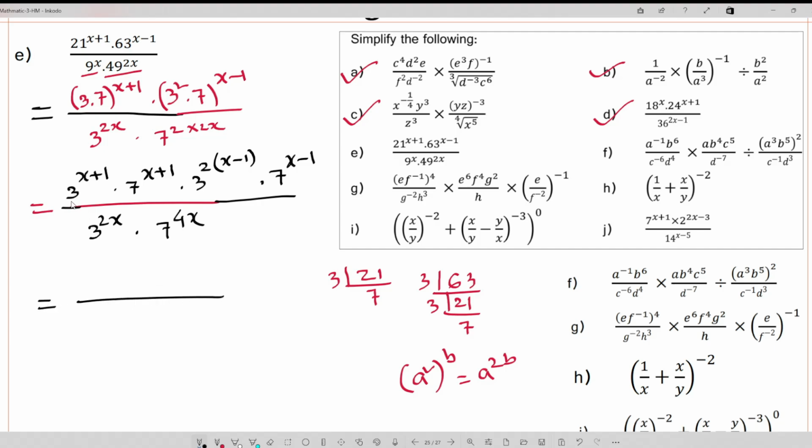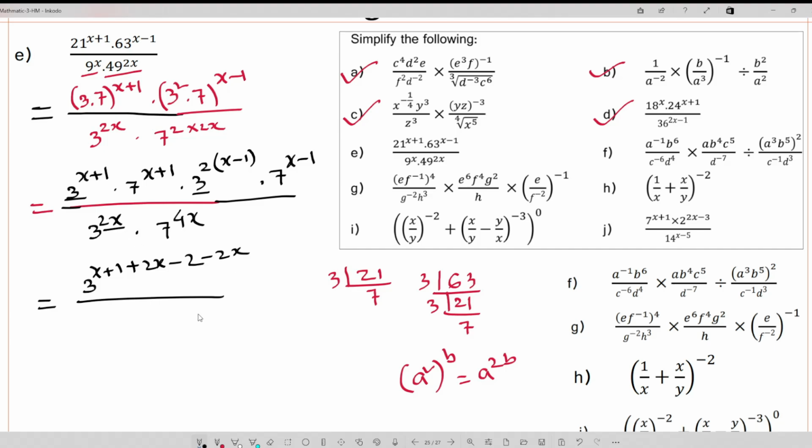So here the bases are the same, 3 and 3, we can write 3 to the power x plus 1, and here is plus 2x minus 2, and below here is 2x, so we can write minus 2x.